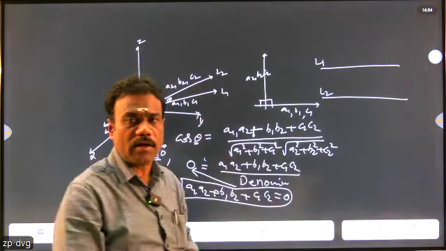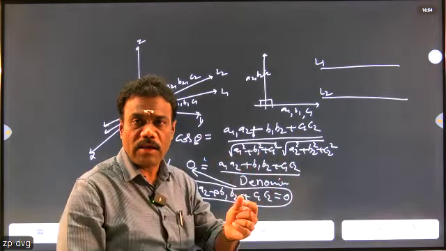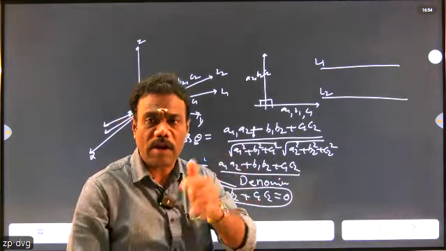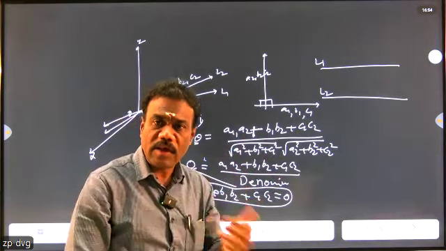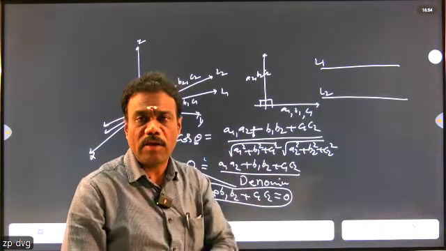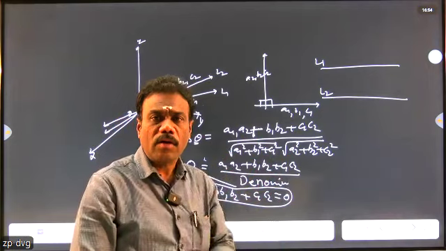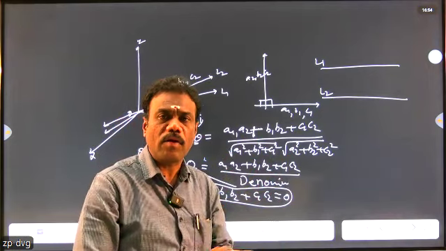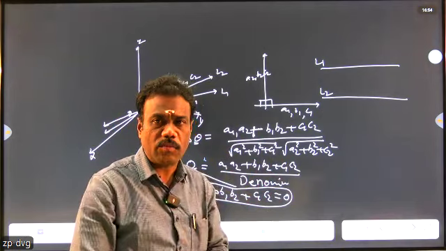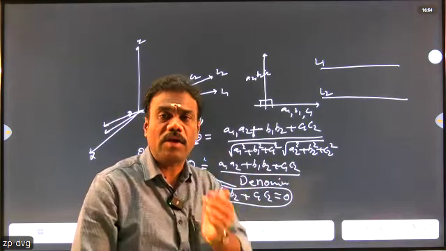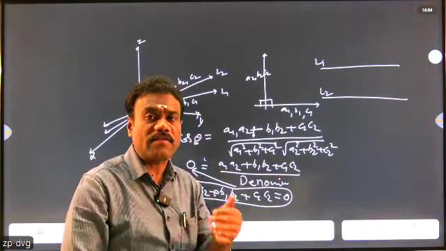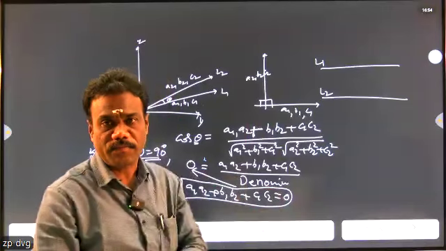That means if A, B, C are the direction ratios of one line, then for the same line we have more than one set of direction ratios. That means Ka, Kb, Kc are also sets of direction ratios of the same line.